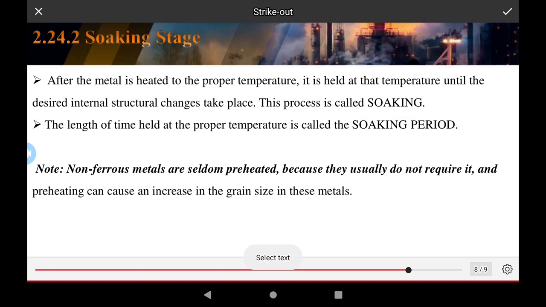Note: non-uniform metals are seldom preheated because they usually do not require it, and preheating can also increase the grain size in these metals.